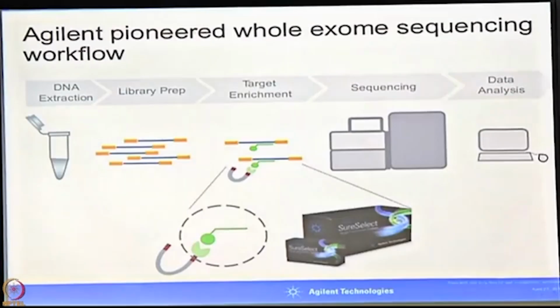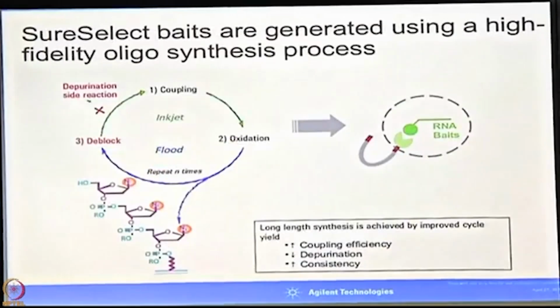The challenges are always there, but I would talk about why the Agilent Exome panel is better. We make RNA baits, oligo baits, and because we make RNA baits, they have better RNA-DNA hybridization. These are high fidelity bases which we make by inkjet technology.